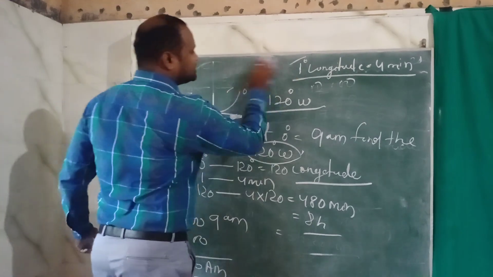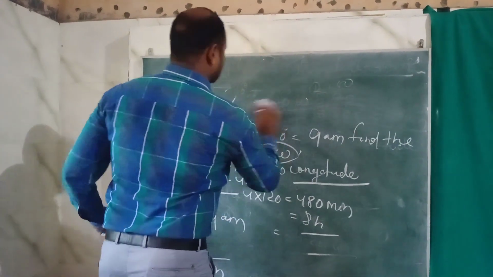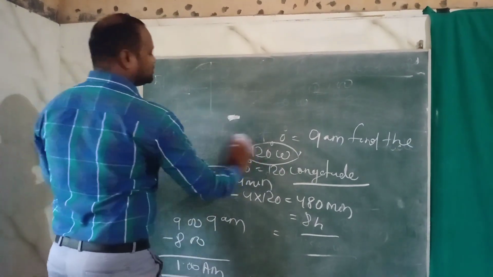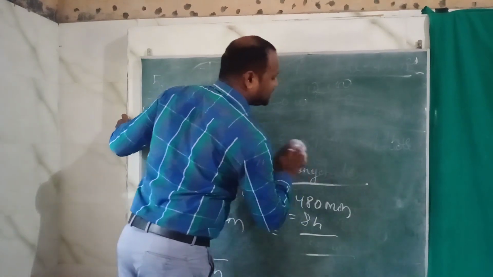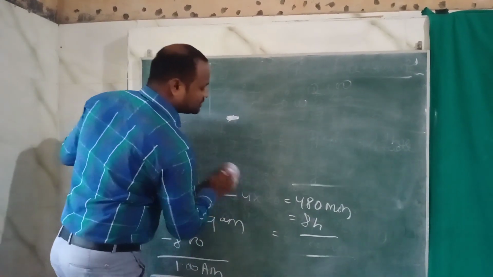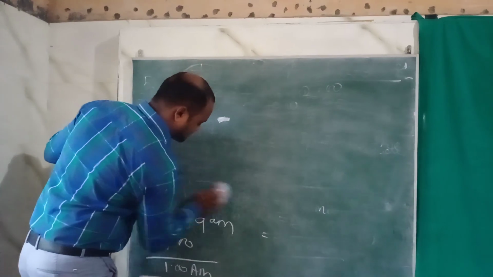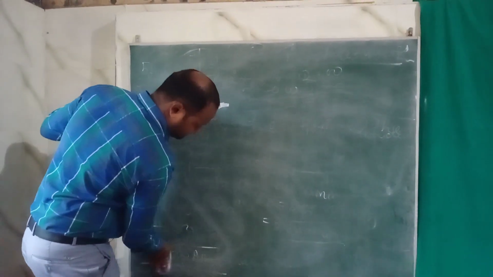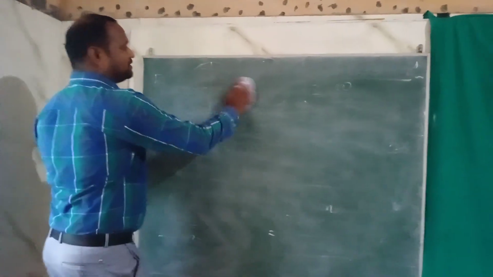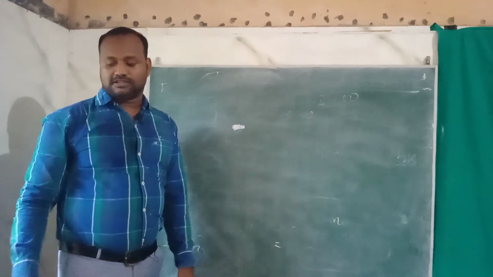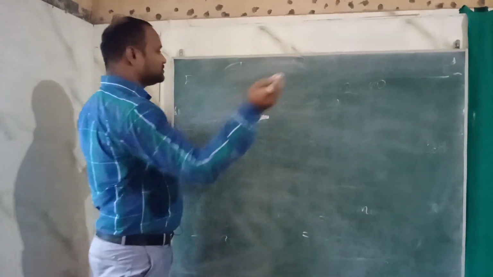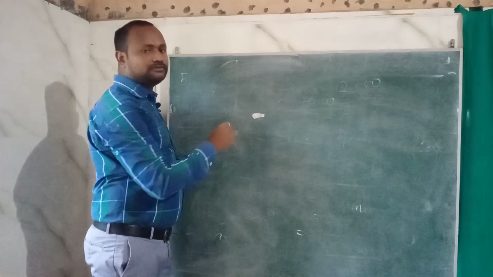It is an easy way to calculate the time over the different longitudes. There are many other techniques also you can apply. Can I do another problem for you? Okay, first do these two, then another thing you can also do. Let me tell you another example.